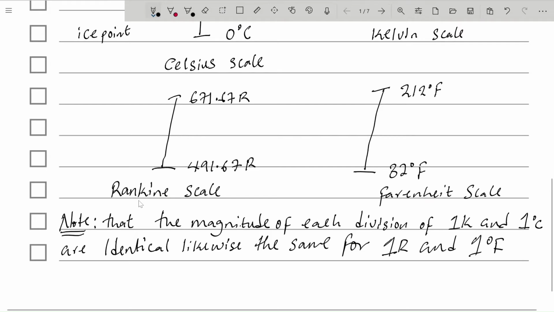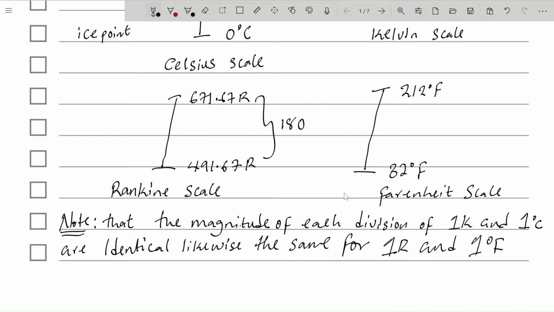Likewise, the Rankine scale, their magnitude are identical. The steam point minus the ice point, 100 degrees. Likewise for the Fahrenheit scale, 180. So their magnitude are identical.